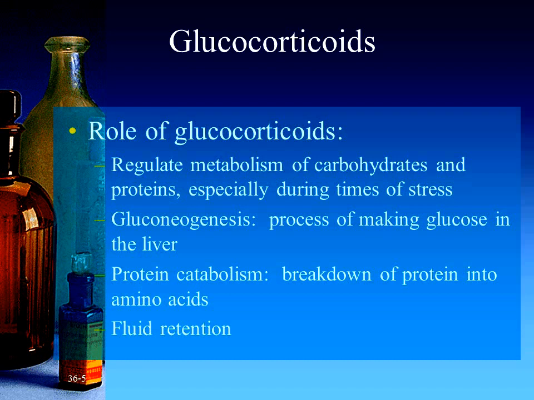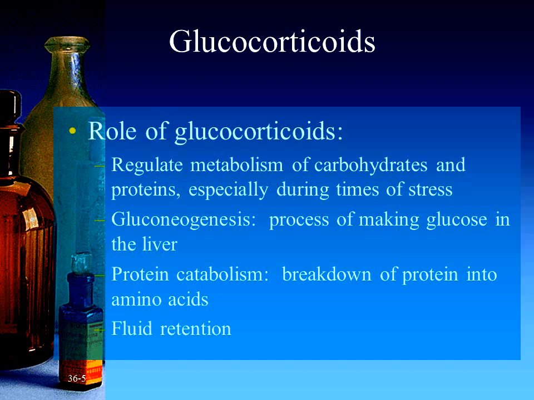Catabolism, on the other hand, is the breakdown of proteins into amino acids. If you remember from way back in the day, proteins are made up of chains of individual amino acids. What catabolism does is take those proteins and break them back into those individual amino acids. This occurs mostly in the skeletal muscle.